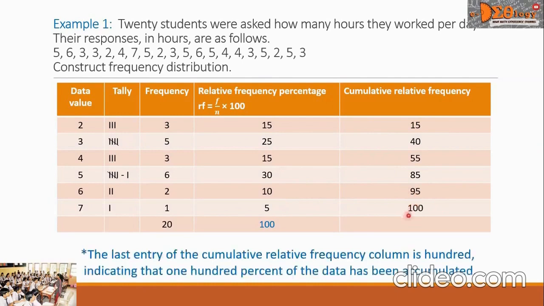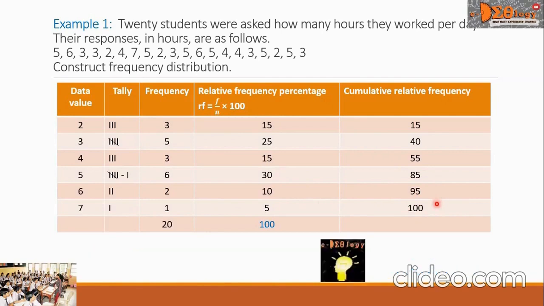The last entry of the cumulative relative frequency column is 100, indicating that 100% of the data has been accumulated. So, we are done with our example 1. This is now our answer.